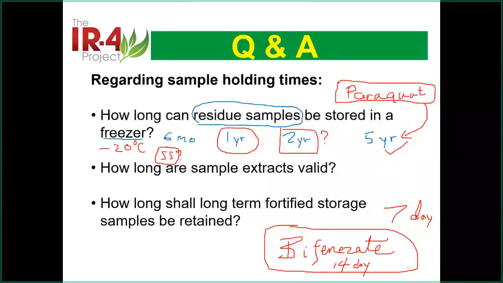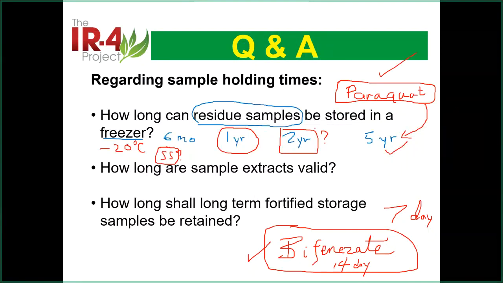In our case, the IR4 protocol does not specify. Another answer here is 3 months for ISO, special case 6 months. At least in our practice, we don't do that unless it is a special case like biphenazate or paraquat, diquat.